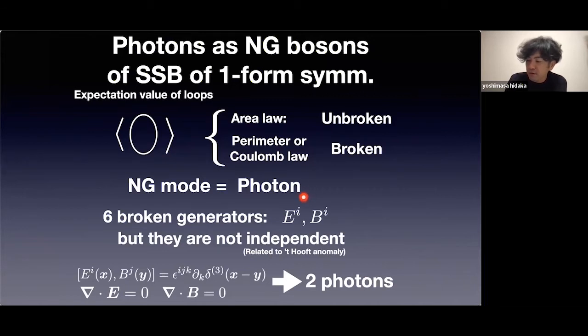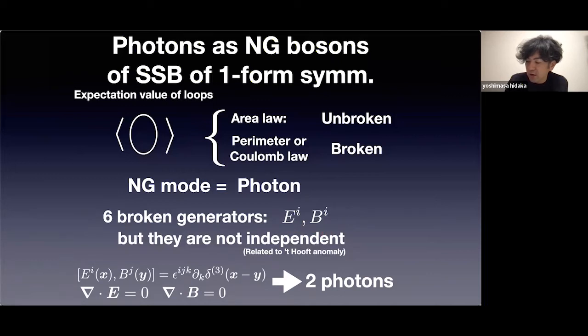So nowadays, the photon is understood as a Nambu-Goldstone mode. But the counting rule is more complicated. We already saw the electric flux conservation and magnetic flux conservation, so in this case there are 6 broken generators. But we know the independent gapless modes are just 2 photons, which means that these operators are not independent.